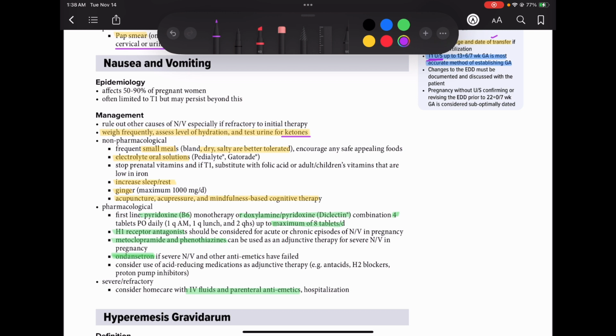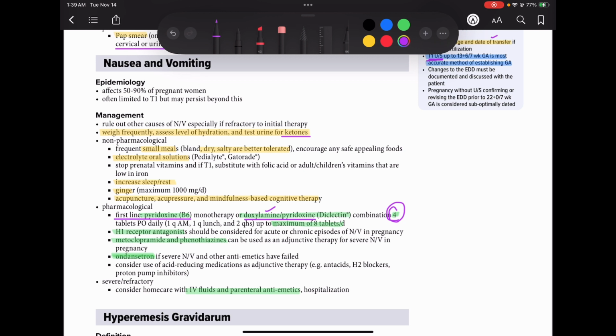But we do have pharmacological options too, and the first line is pyridoxine B6 monotherapy, or Diclectin, which is pyridoxine and an antiemetic combination, which is doxylamine. With this combination, we have to take 4 pills per day orally, one every morning, one with lunch, and 2 at night.